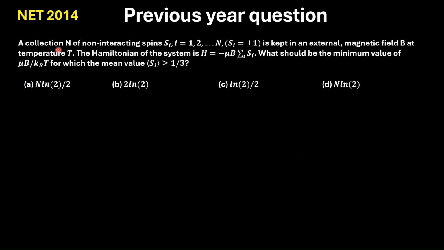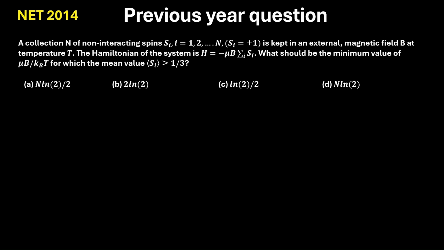Here we are given a collection of non-interacting spins, and it is kept in an external magnetic field B, and the Hamiltonian is given here, and we are told to find the minimum value of this, for which the mean value will be greater than or equal to 1 by 3.